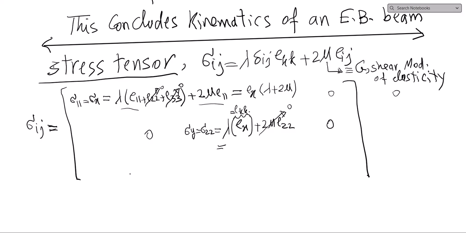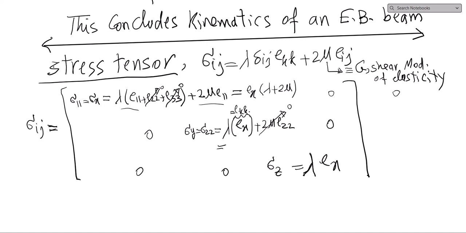This is our matrix. This is 0. This is 0. And again, this one comes out as lambda Ex, similar to sigma y. So this is sigma z.